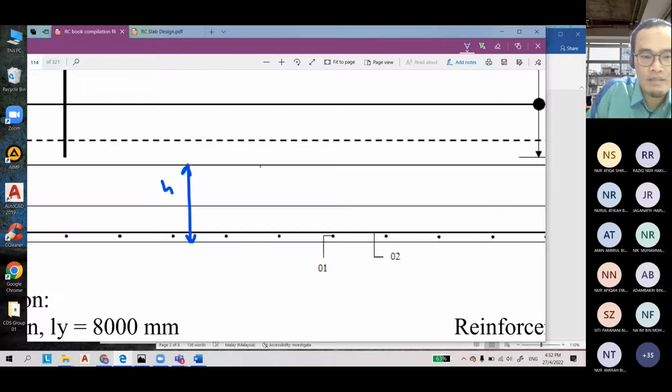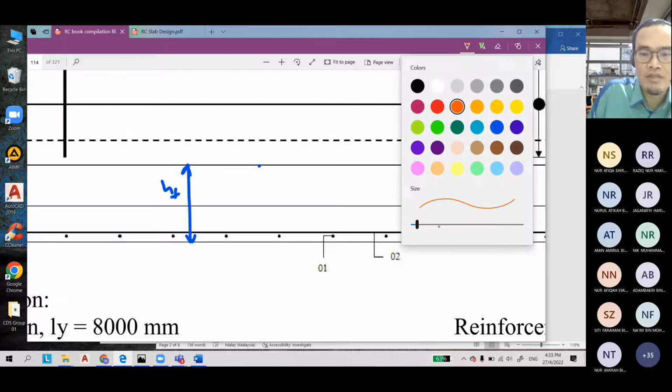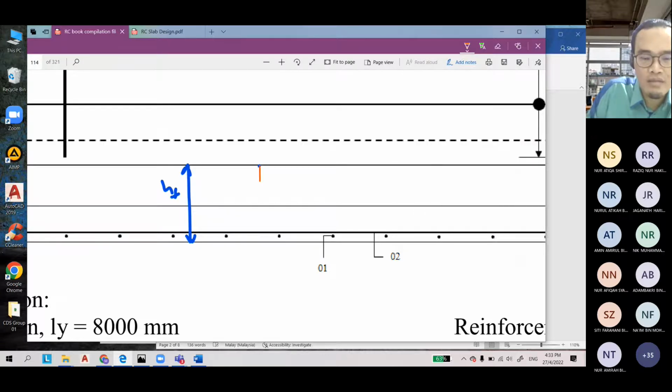So D1 is from this hf, the orange color here, to the bottom reinforcement, to the dot. This is D1, Dx, because the reinforcement number 1 is for the short direction, which is the X direction.